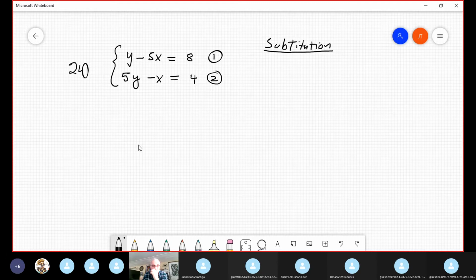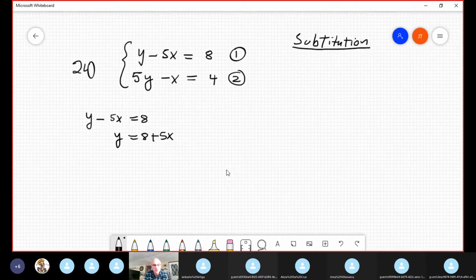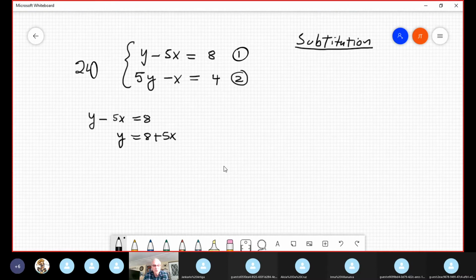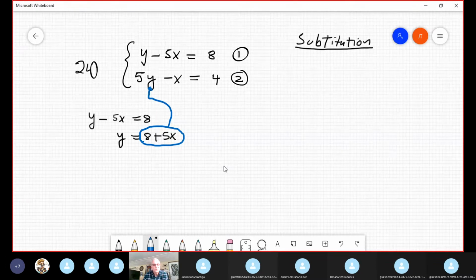I take the first equation, I solve for y, I move negative 5x to the right hand side. And now substitution. This expression here, in place of y, in this other equation.